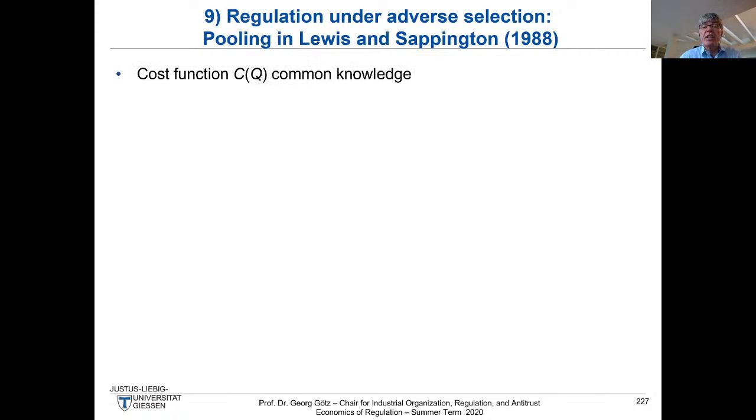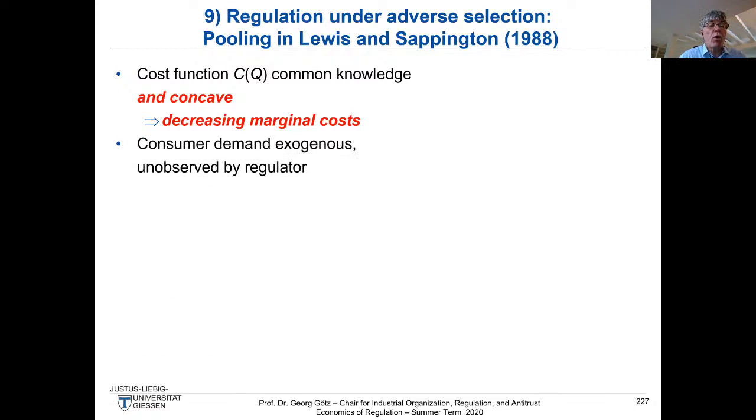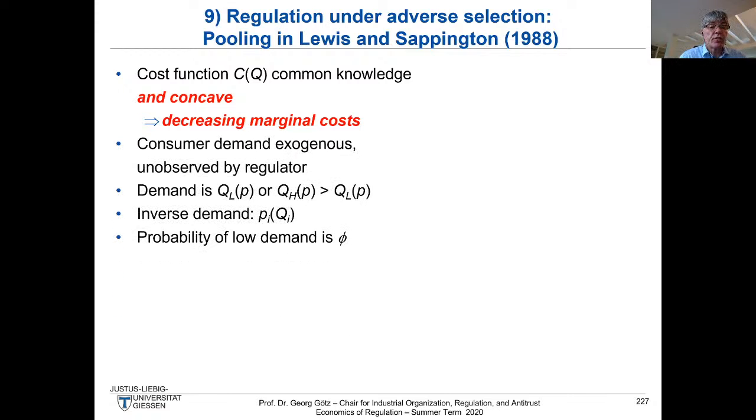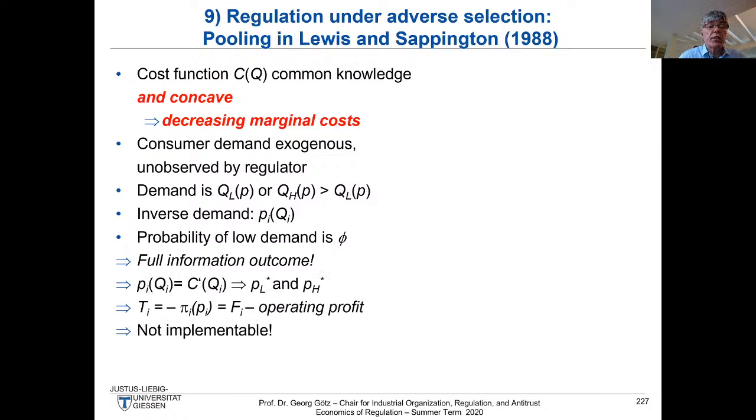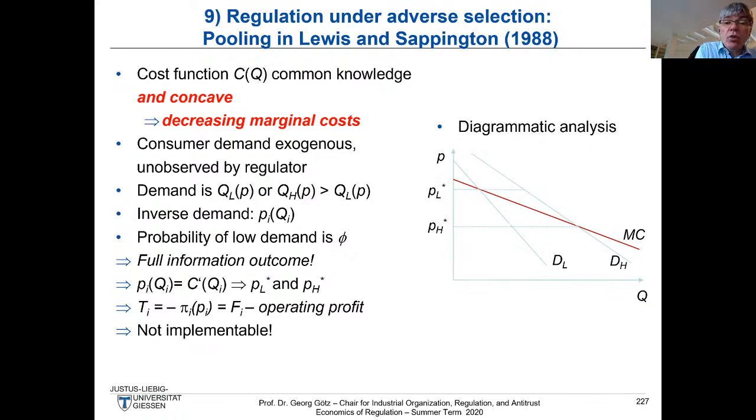Now, pooling, what does this mean? Suppose we have decreasing marginal cost, and I think we just go through until we get our diagram here. Okay, so again, low demand and high demand, but now downward sloping marginal cost curves.